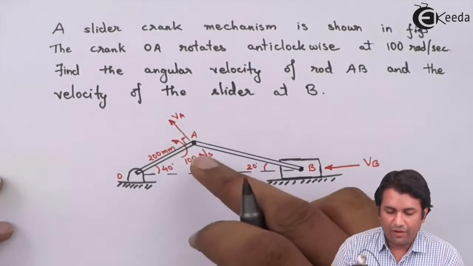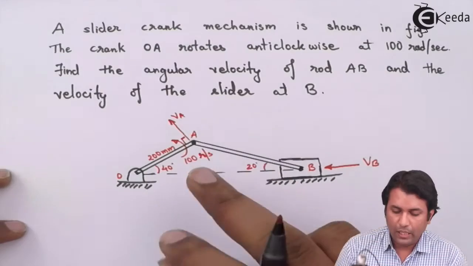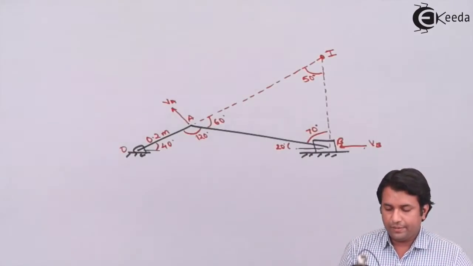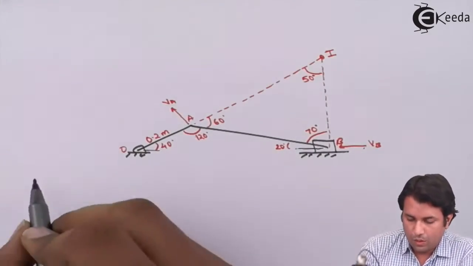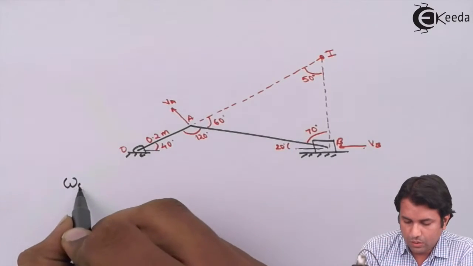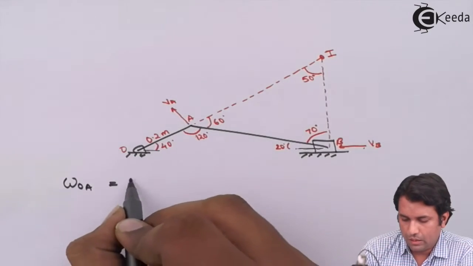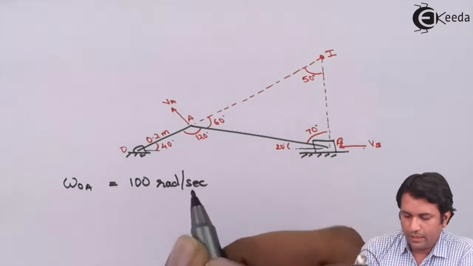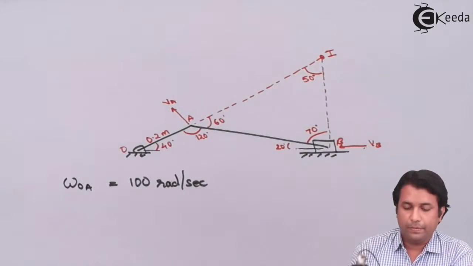Now we know the angular velocity is counterclockwise, 100 radians per second. So I'll just write here omega OA is 100 radians per second.